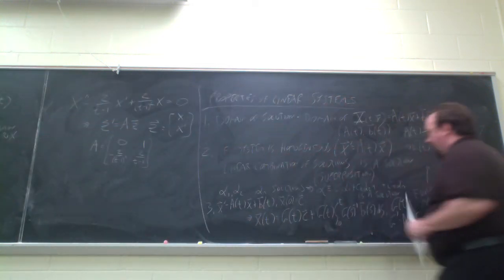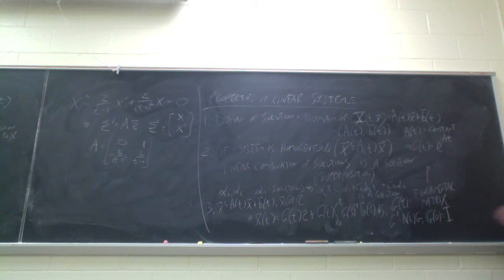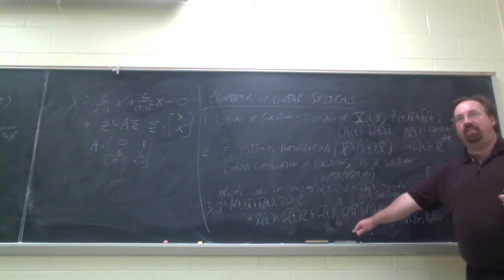Now, this is actually a very important formula to know. In fact, a lot of the solution techniques that you saw in 285, whether it's for first order equations or for higher order equations rewritten as first order systems, if they were all linear, which in that class most things were linear, every single solution technique that you learned, like using the characteristic equation or method of undetermined coefficients or variation of parameters, could all be expressed in terms of this.